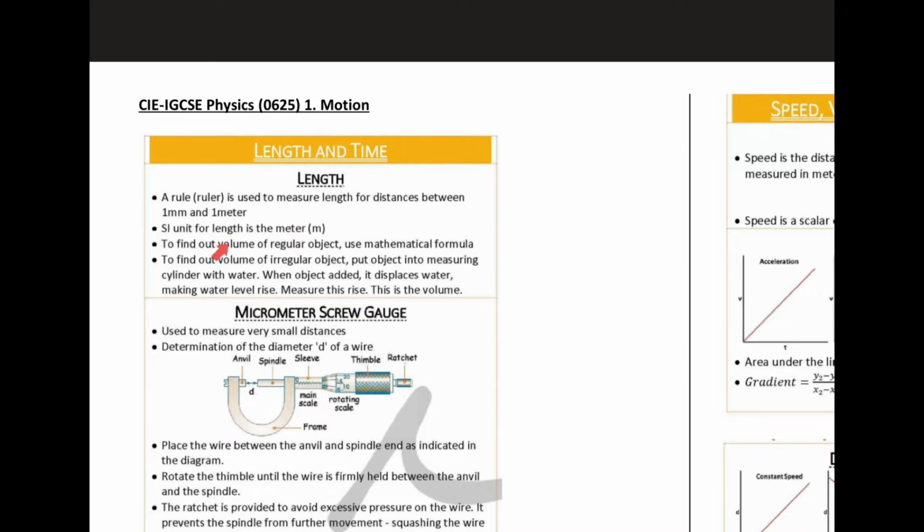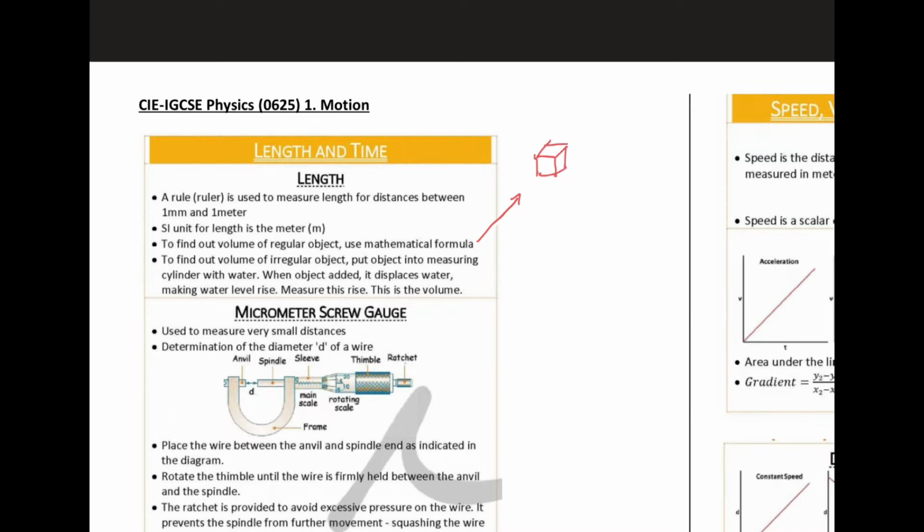To find out the volume of a regular object, use a mathematical formula. So let's say, for example, you have a cube.